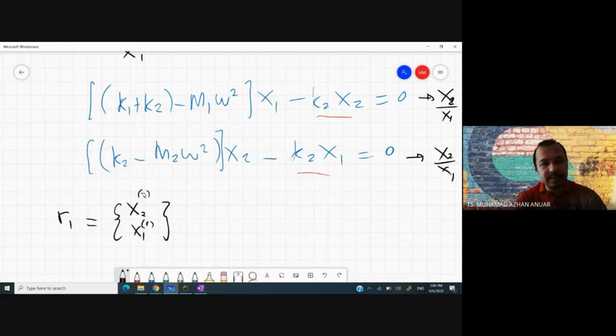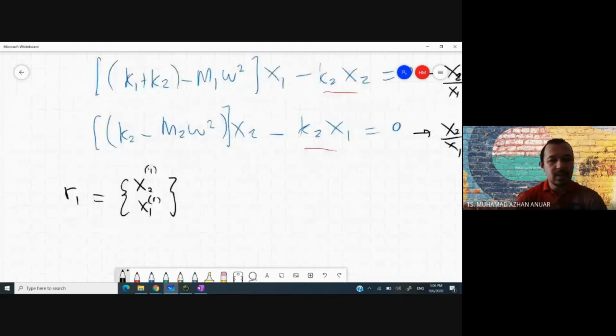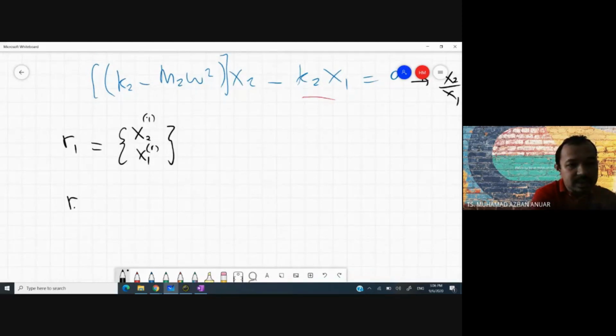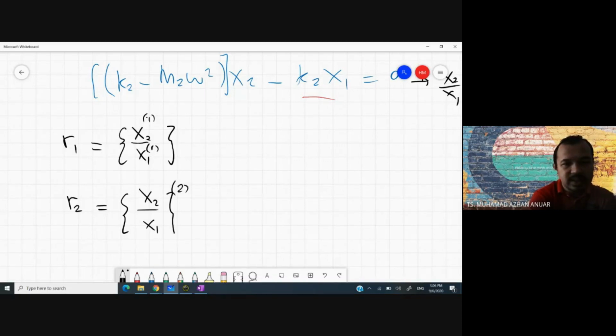So the first mode shape is due to the first natural frequency. Later on, we will write the second one. So we have x2 divided by x1, due to the second mode, and this one due to the first natural frequency.